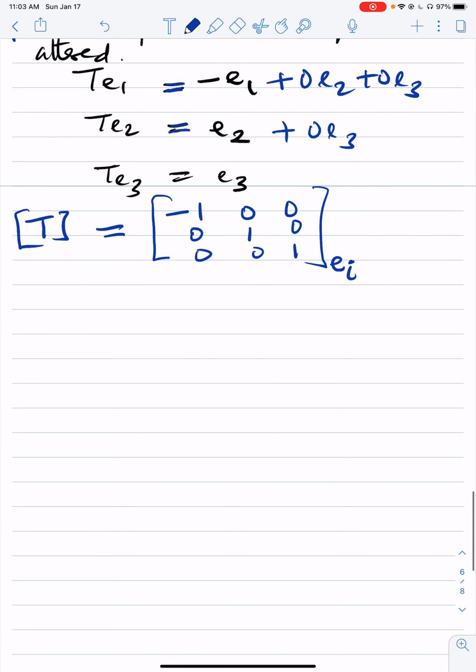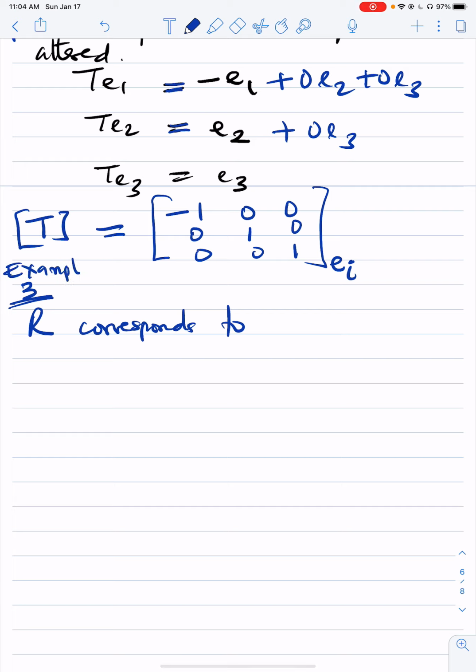One final example. So if R corresponds to example 3, let's see. I'm thinking of an example that should make sense.